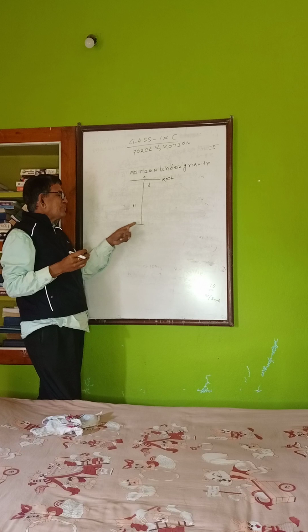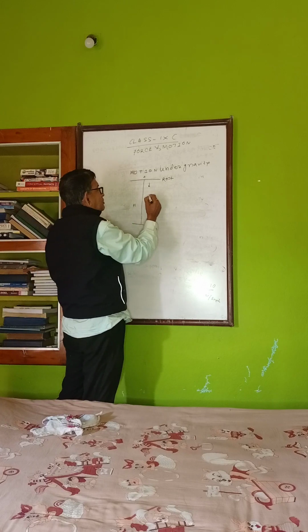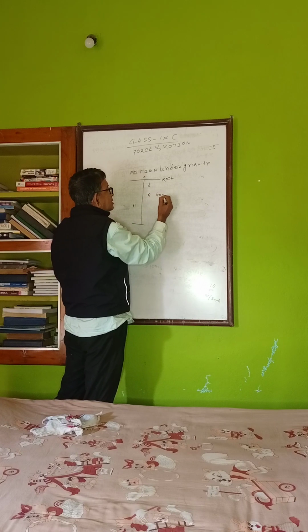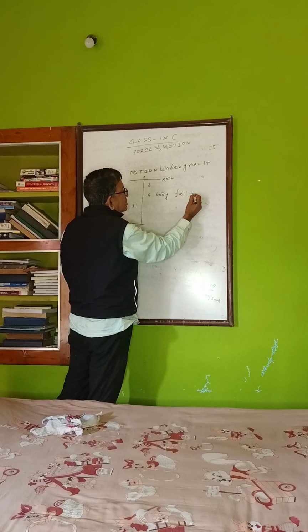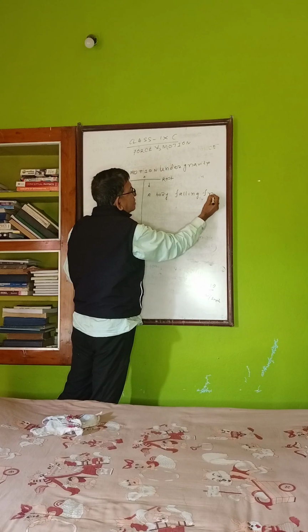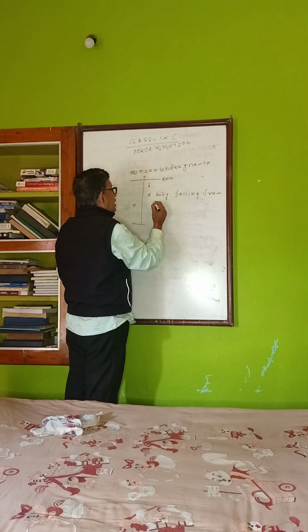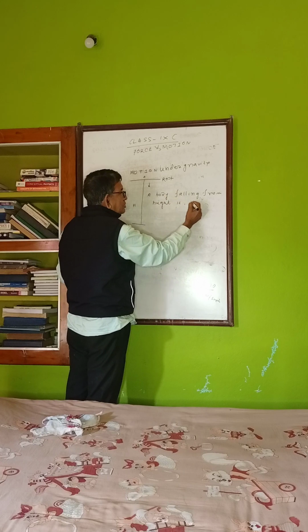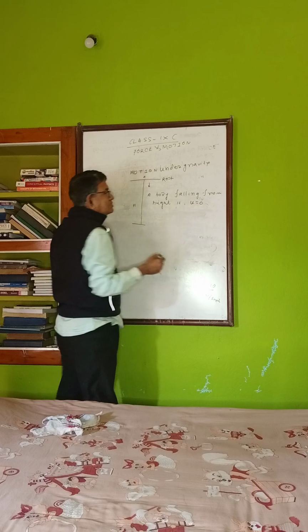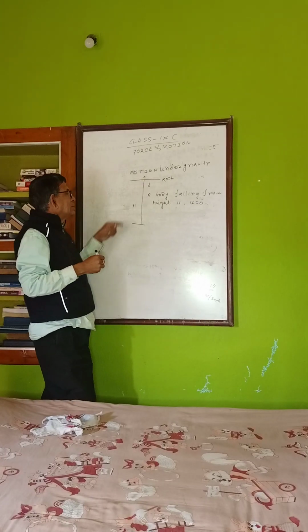Consider what will be the final velocity. A body falling from height h, with U equal to 0, that means the body is falling from rest.